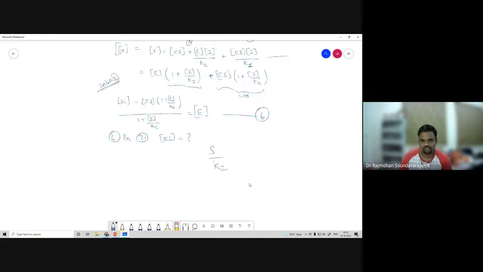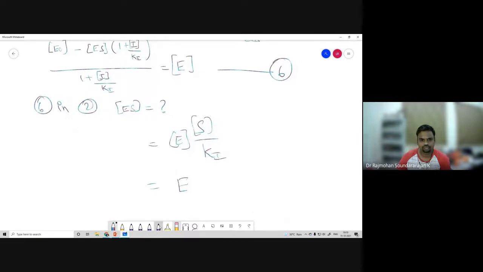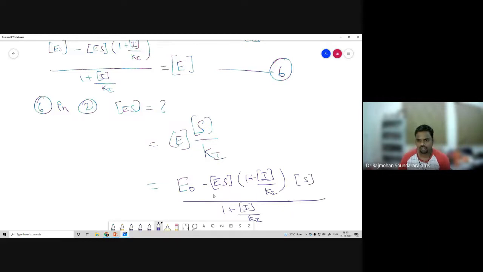E value is E naught minus ES into 1 plus I by Ki divided by 1 plus I by Ki, into S divided by Ki, right? Let me say this is a bracket.